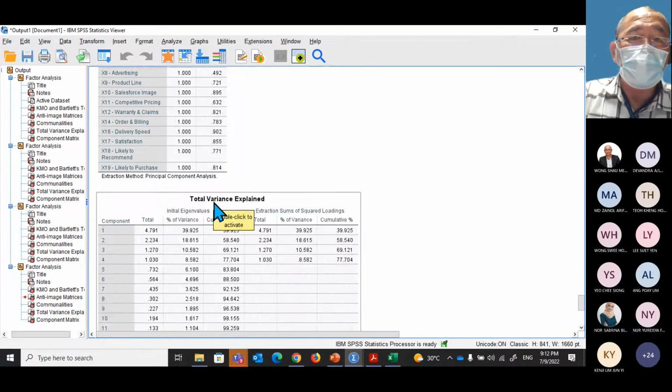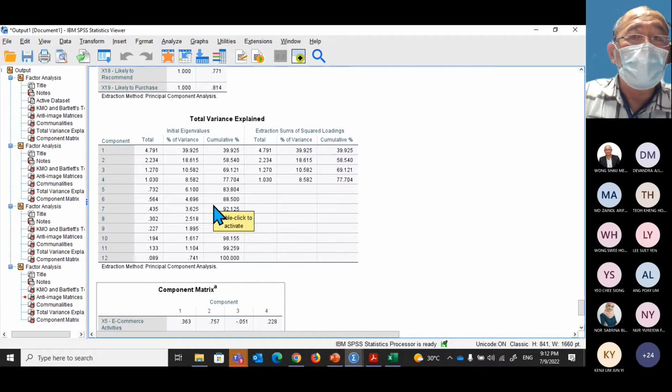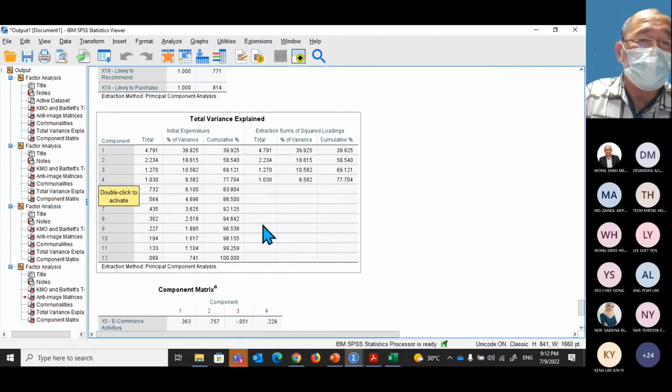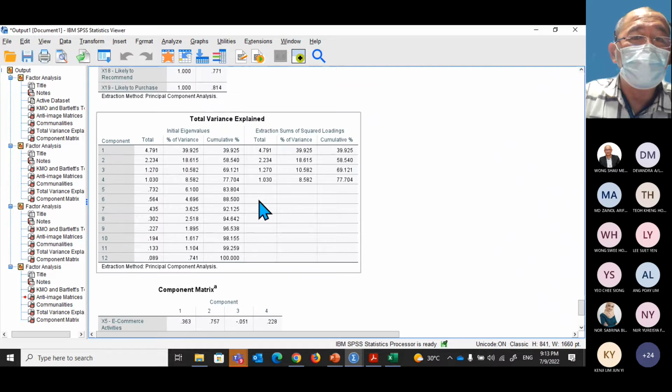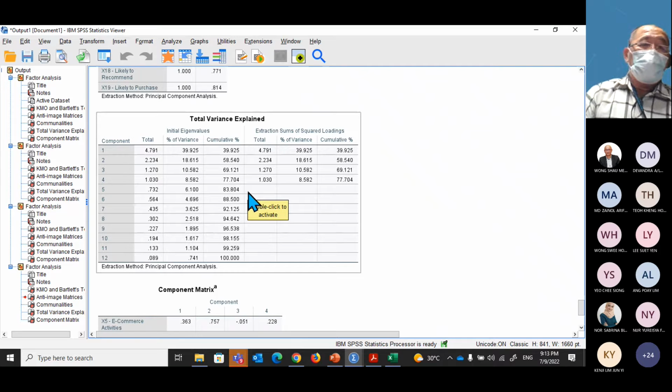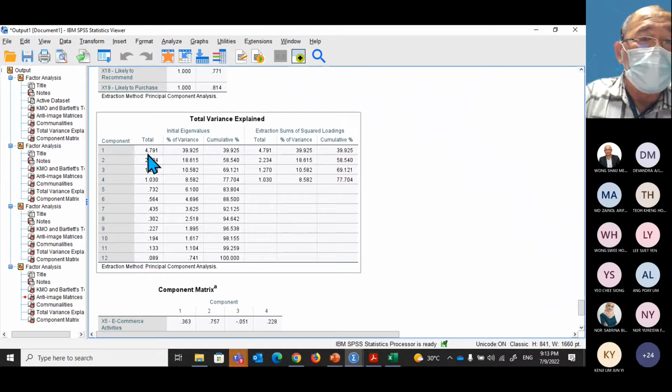From the output just now, we take this table, number 2 from the bottom. This is all eigenvalue, 4.791 and so on. Eigenvalue more than 1, we accept.